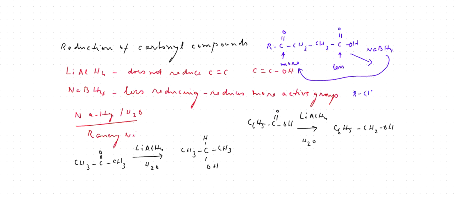Alcohol is formed in the place of the ketone, whereas the carboxylic acid group is maintained as such, C double bond O OH. So this is what you are getting when sodium borohydride is used as the reducing agent.